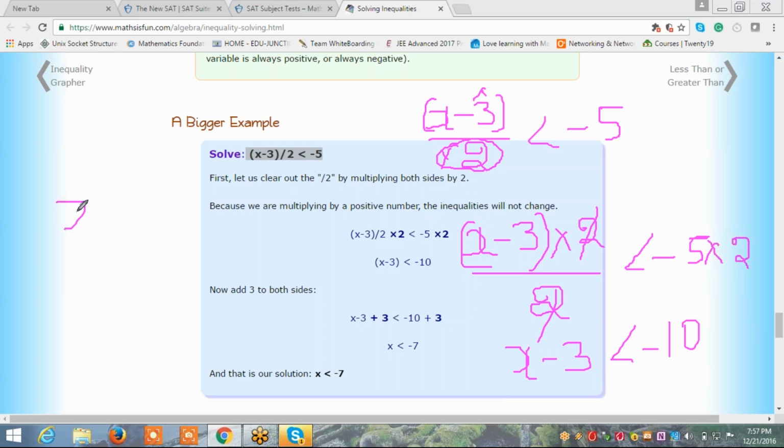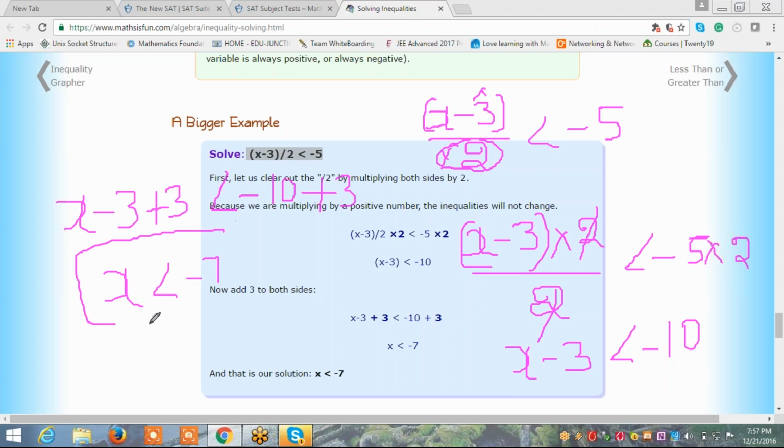And then add plus 3 on both the sides. So here you're going to get only x, and here the value is minus 7. You're going to get the solution for x. Is it understood? Can I rub this?